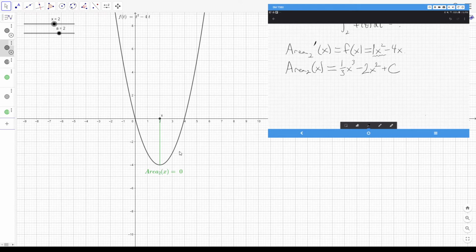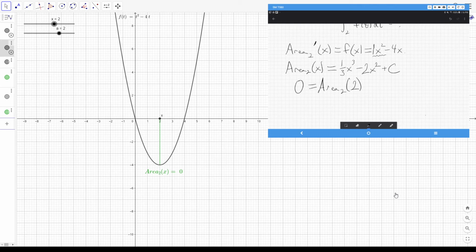So we can conclude for a fact that area sub 2, if I plug in 2, I should get 0, because I'm calculating the signed area under the curve between 2 and 2. And I get the area of that line segment is 0. That I can believe, right?